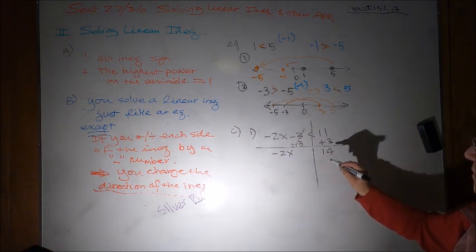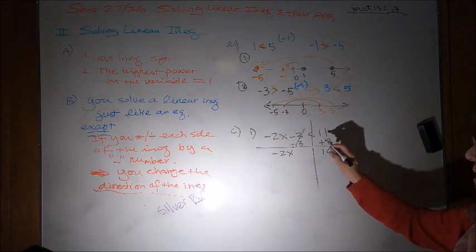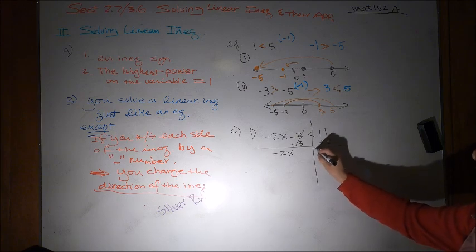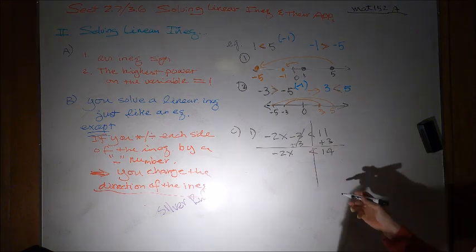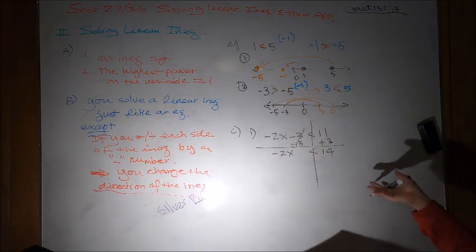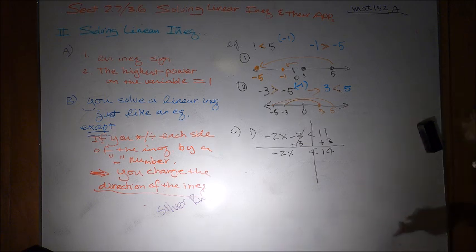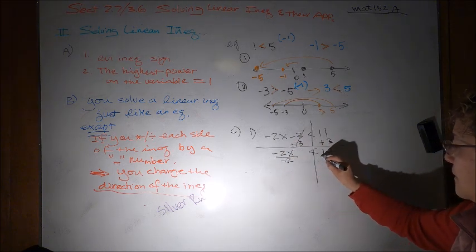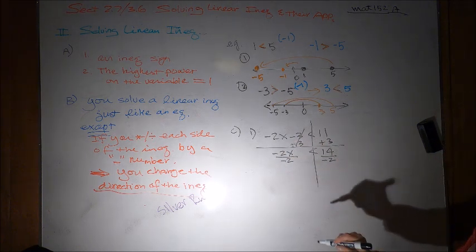Then 14. Do we change the directions? No, because we just add the number. So smaller, still smaller, bigger is still bigger, right? Then what do we do? Get x by itself, we divide it by negative 2.